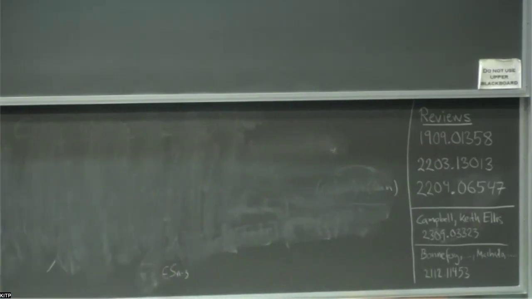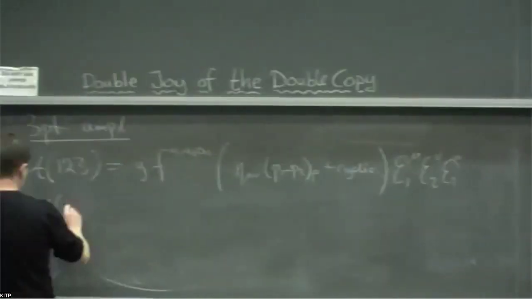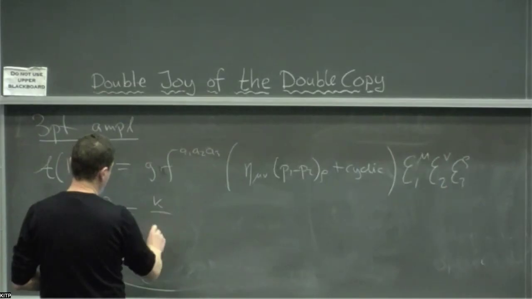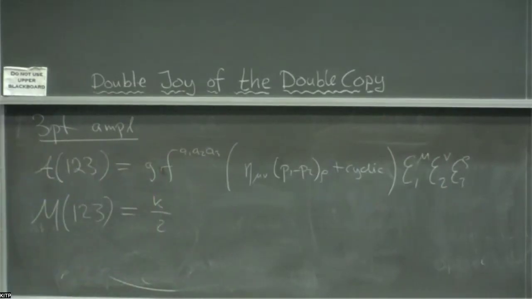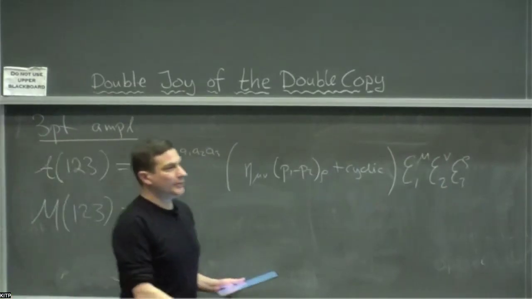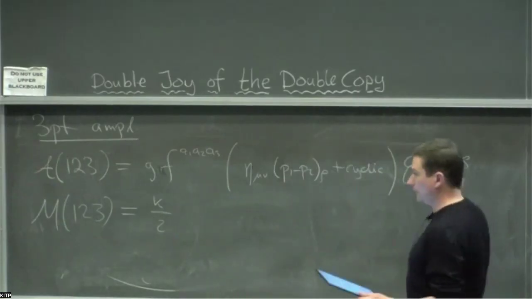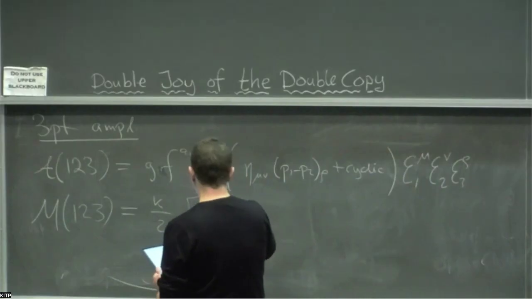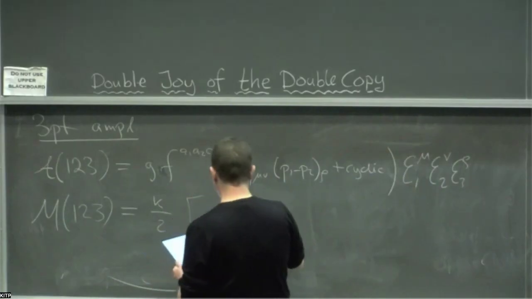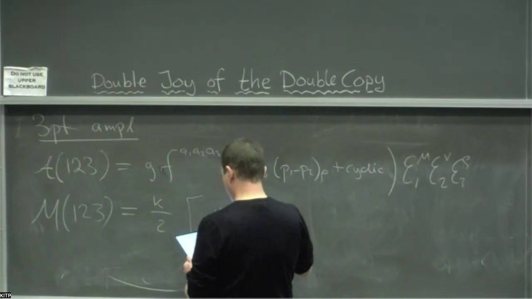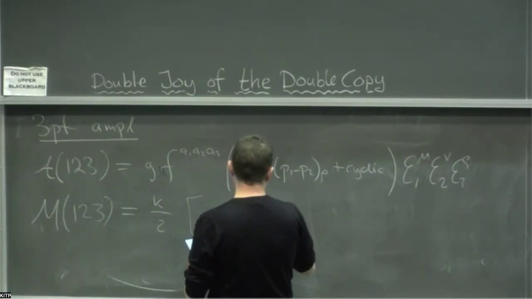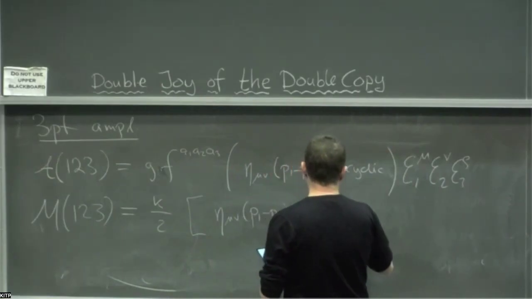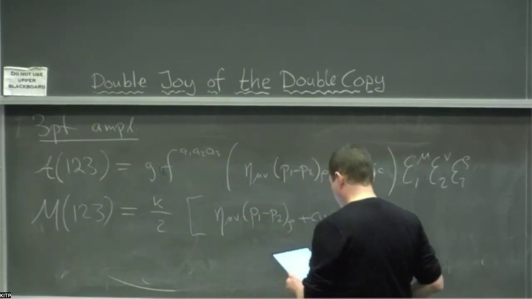Now you can try to do the same thing for gravity. So for Einstein gravity, you have some coupling as well. Typically we write it as kappa over 2. Kappa is related to G Newton, basically the square root of G Newton times some numerical factors. And then there's the kinematic dependence, which looks actually the same as upstairs, but you square it.